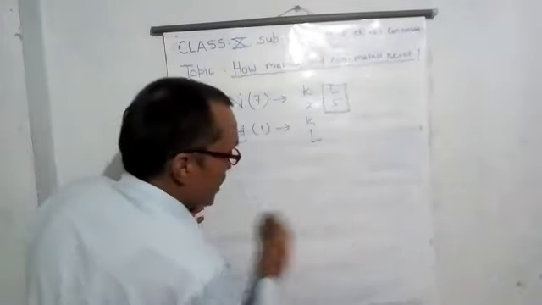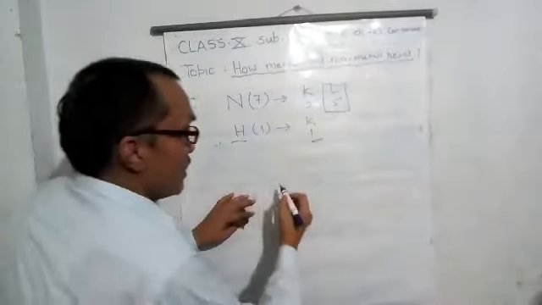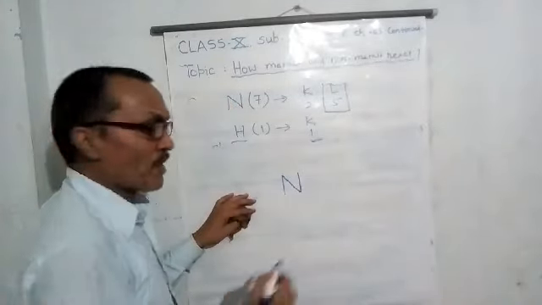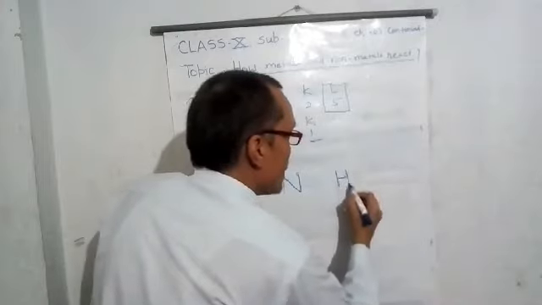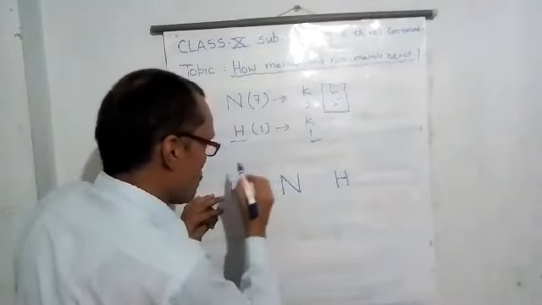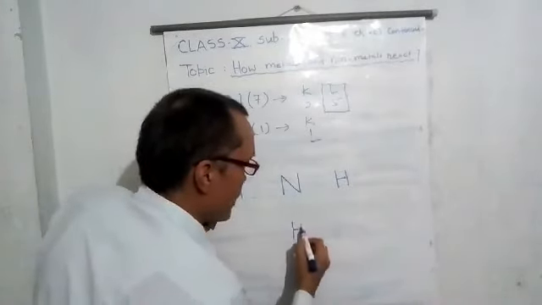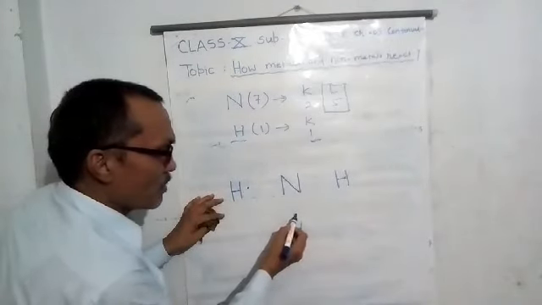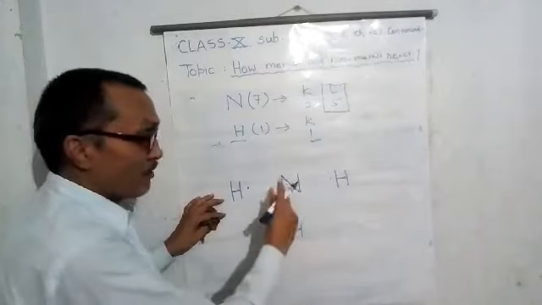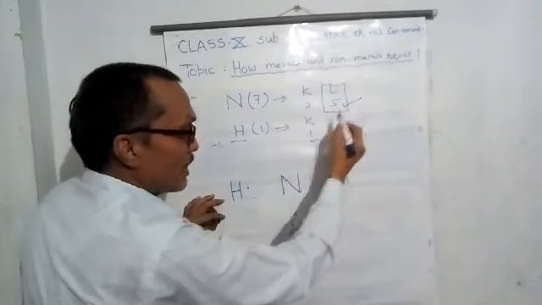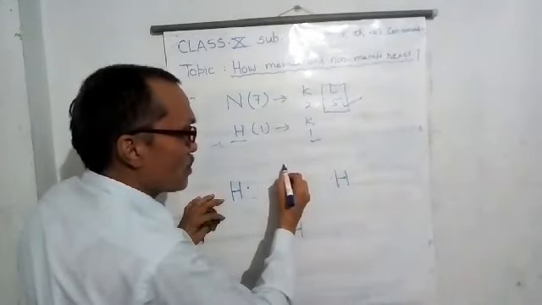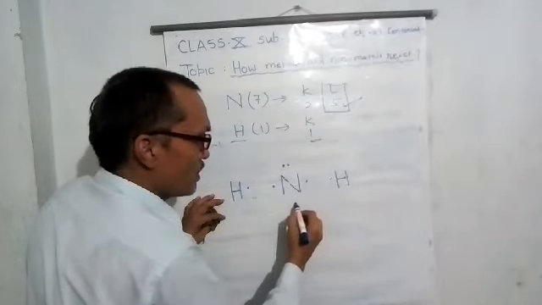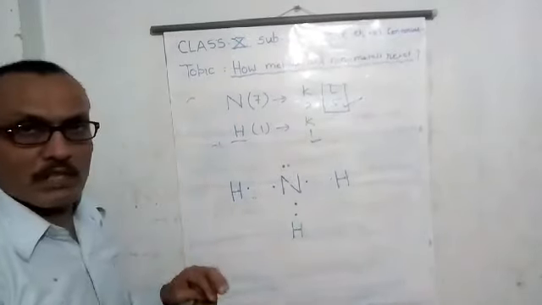For example, you can see here in ammonia there is one atom of nitrogen and three atoms of hydrogen, which I show like this. Valence electron of each hydrogen is 1, and valence electrons of nitrogen are 5. Right?